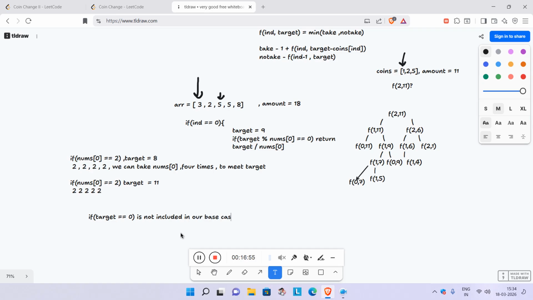If during traversal, at any mid position, we are able to meet our requirement, why would we go down here?